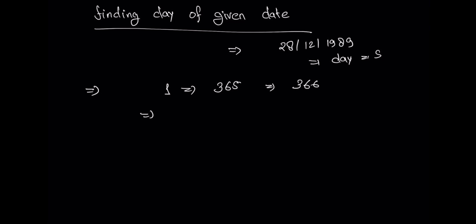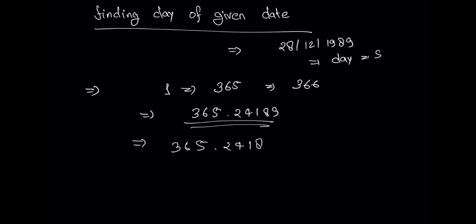But in actual terms, the total number of days in a year is 365.24189, something like that. Which means if you multiply 365.24189 by 100 years, we will get around 24 leap years.